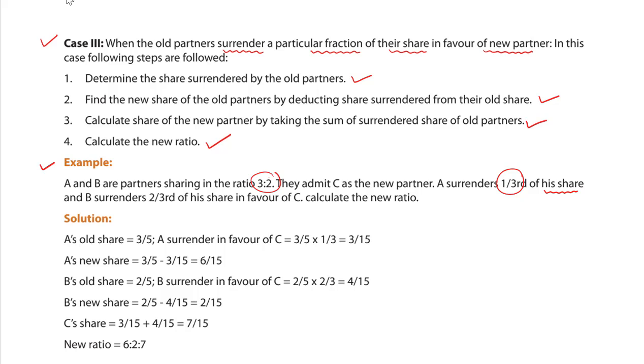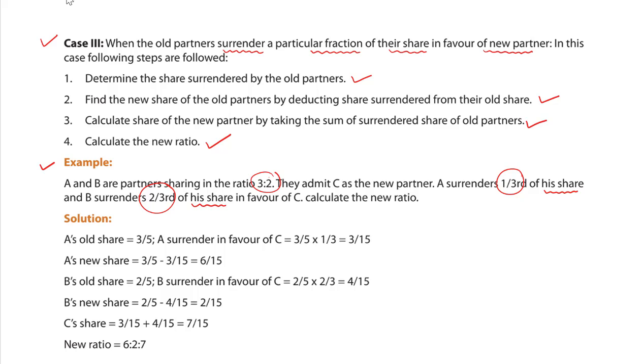So we need to calculate 1/3 of 3/5, and whatever value we get is the share surrendered in favor of the new partner. B surrenders 2/3 of his share. His share is 2/5. So 2/3 of 2/5 needs to be calculated, and whatever figure we get, that is the share surrendered in favor of C.